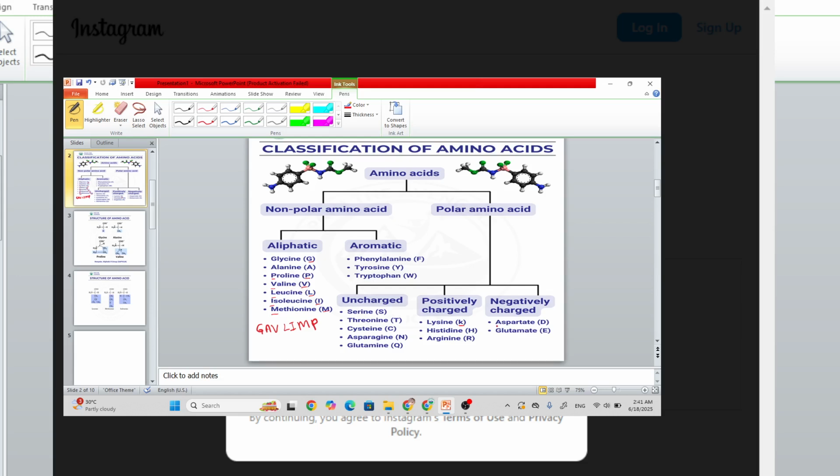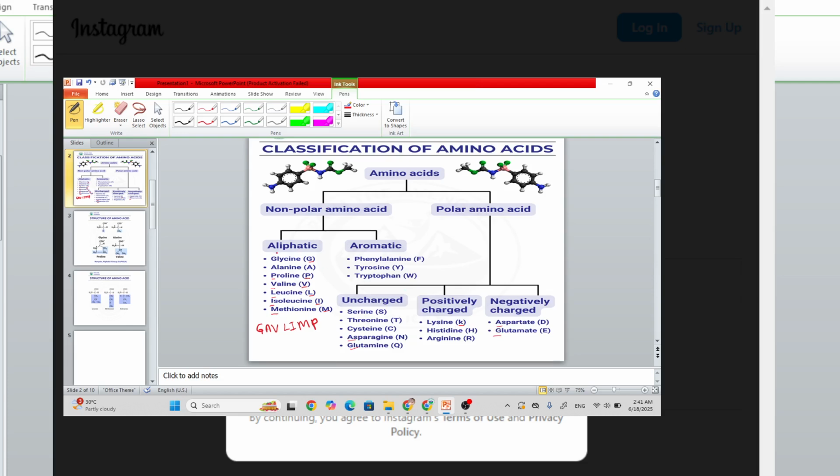Similarly there are aspartate and glutamate, and asparagine and glutamine, which start with the same letters. So, coming back to the topic.